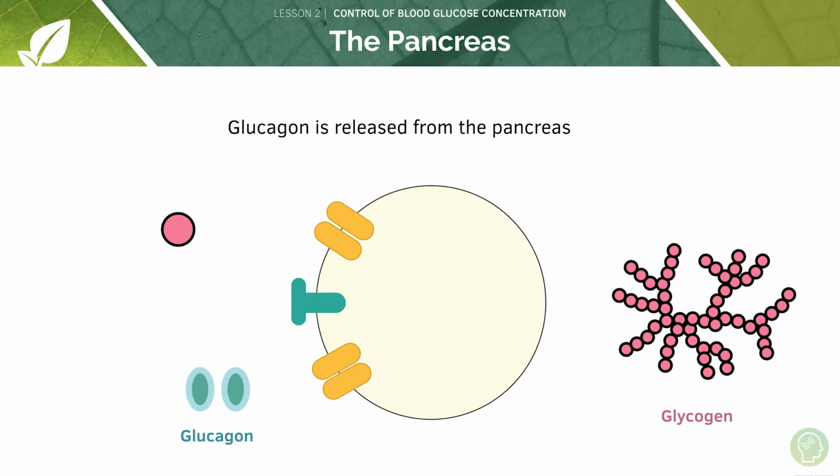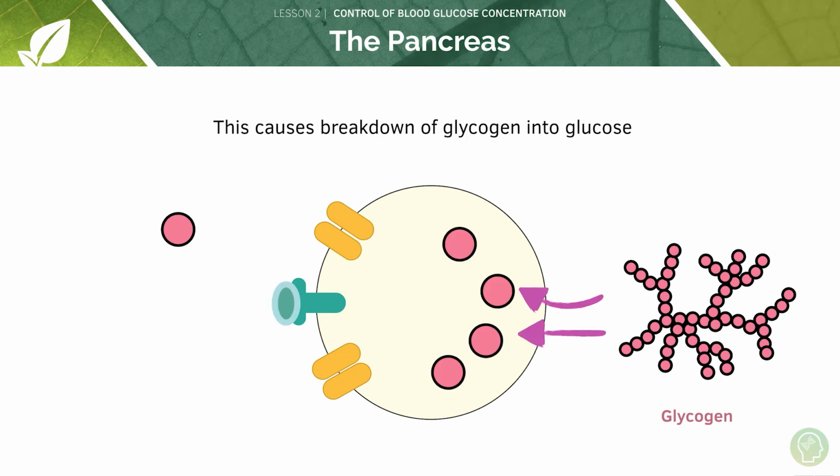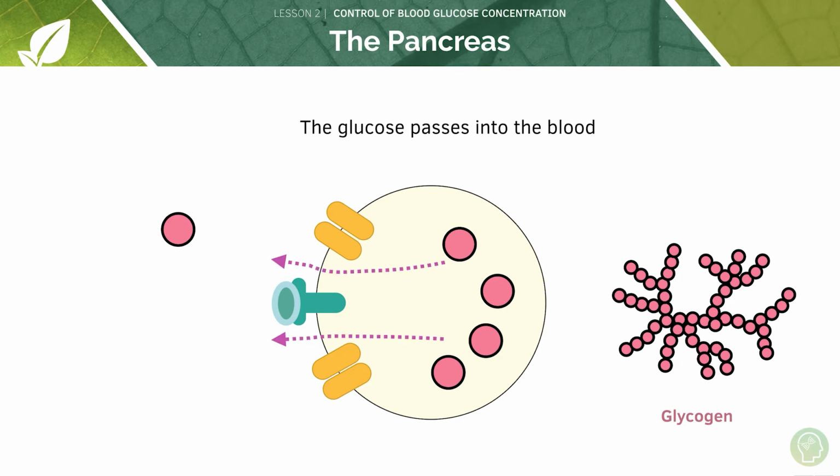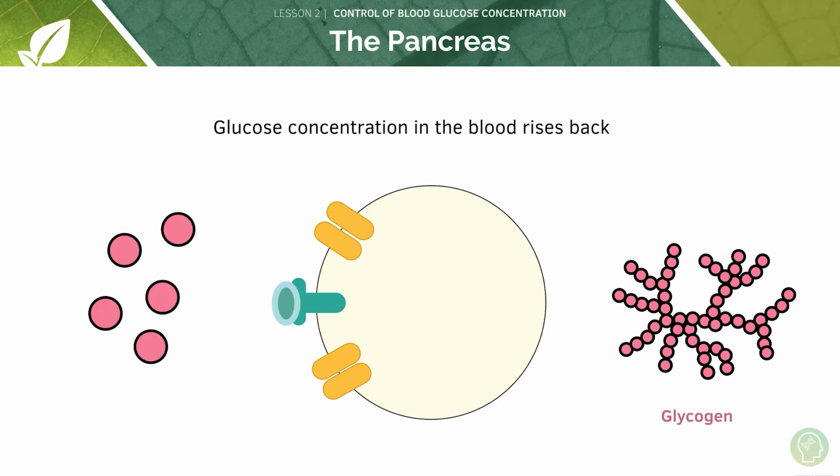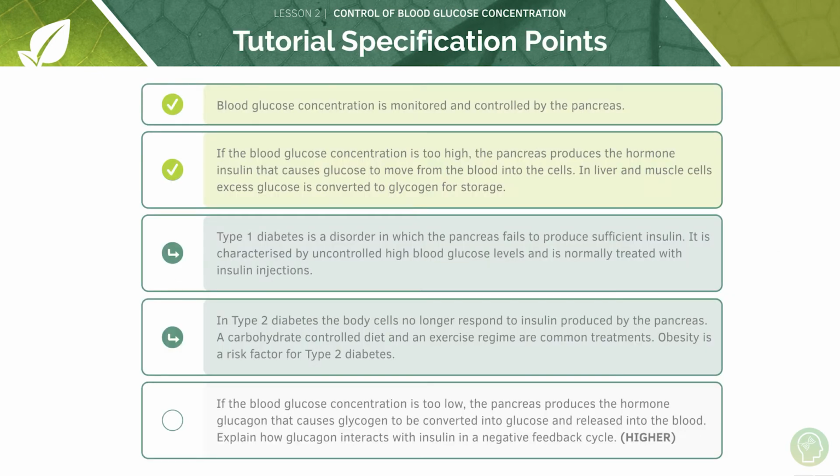Remember this hormone glucagon. And this causes the breakdown of glycogen into glucose. So glycogen into glucose, then glucose passes back into the blood, and the glucose concentration in the blood rises back. So you can see how glucagon and insulin act in opposite directions.